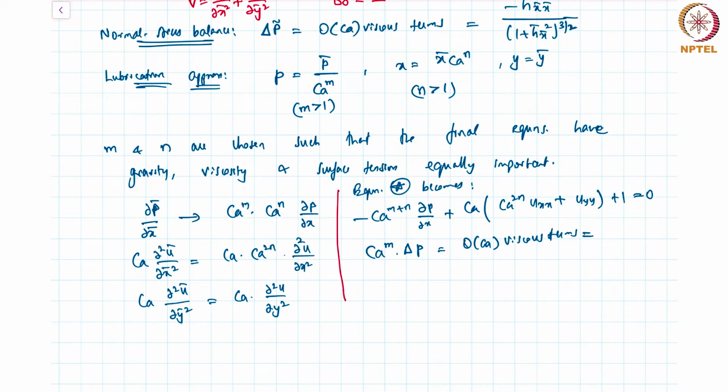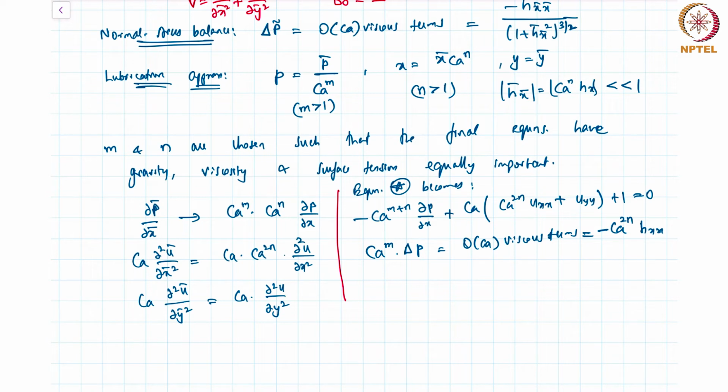This will be minus capillary power 2n times h_xx. The denominator would be something like 1 plus h bar x bar squared, which will be something like capillary power n h_x, squared. So therefore when n is greater than 1, capillary power n is very, very small, and therefore the magnitude of this term is very small.